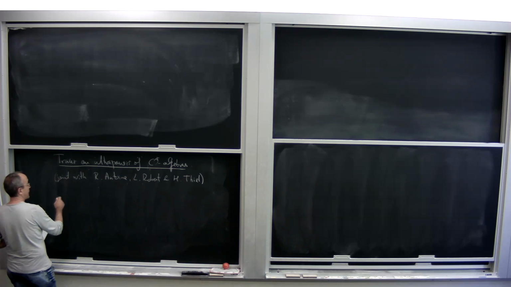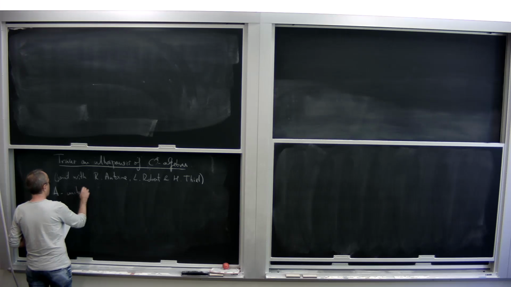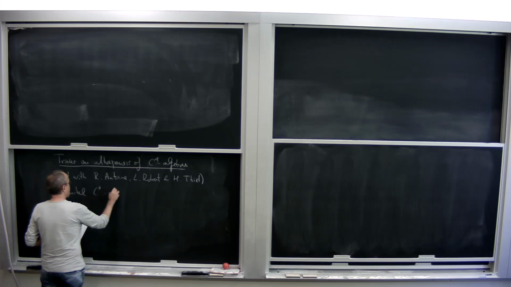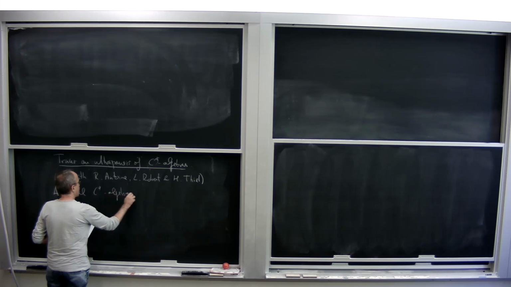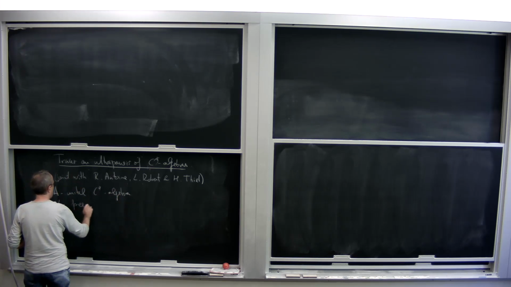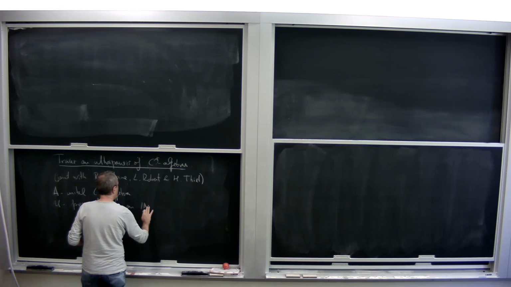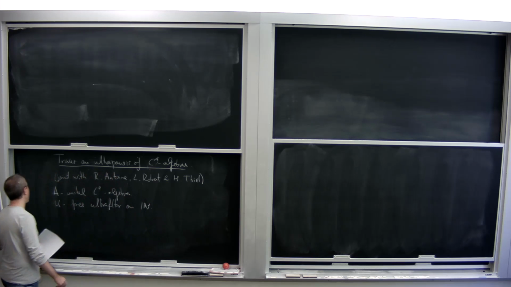So all along the talk, A will be a unital C*-algebra, and U will be a free ultrafilter on the natural numbers. Okay.